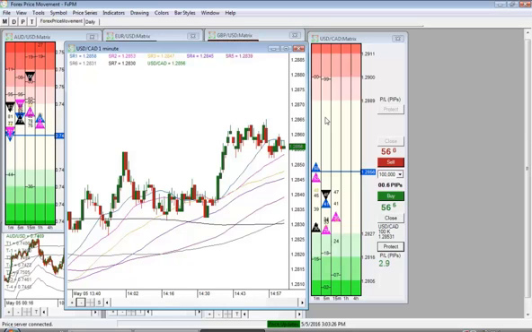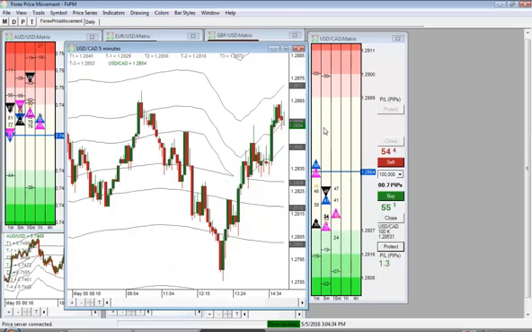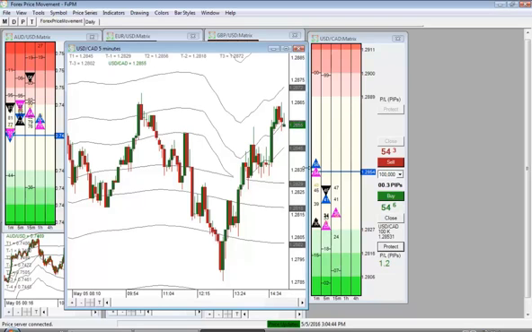No problem. Still waiting here. I did have a chance to get at least 6 points, but I didn't. Once again, it's just part of trading, and you have to accept it.